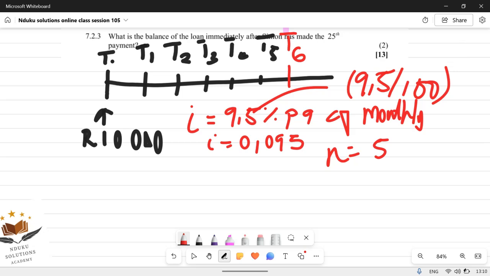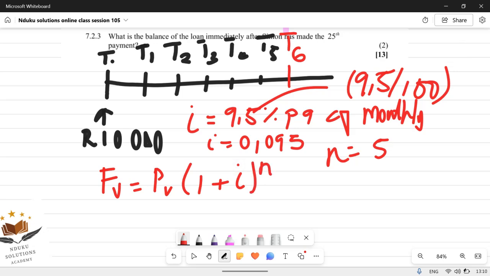And the principal amount, we can also say that's the future value. We have the future value equals the current value, then 1 plus I to the power of n.